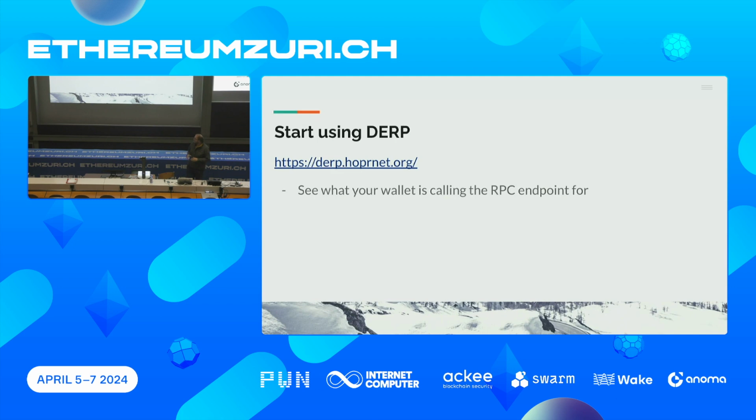But before we get started, you have to understand what the integration of RPCH into Encrypt is actually meant to achieve, because somehow you need to measure the level of success of the integration. And for that, we are going to use derp, which is a tool which we created like 2 years ago or so, when we first started looking into RPC endpoint privacy for users. And derp is able to show you the calls your wallet is making while you're using it.